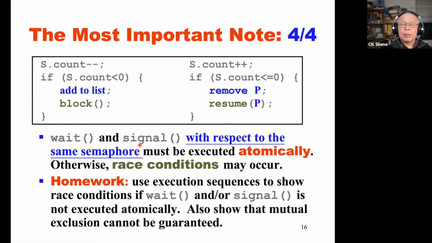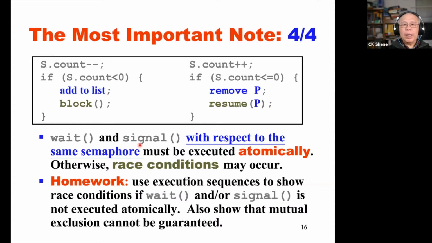What does that mean? Suppose I have semaphores S1 and S2. Multiple threads could call wait and signal to S1, and multiple threads could call wait and signal to S2. Now, suppose we have thread A and thread B. They call wait at the same time.